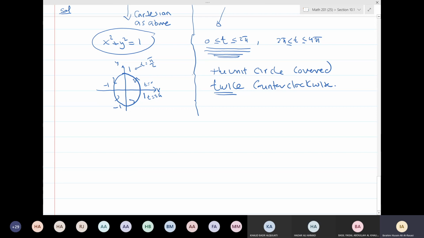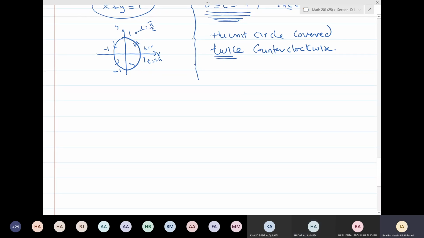Example: x equals 4 sine t, y equals 5 cosine t, and t between 0 and 3 pi over 2.